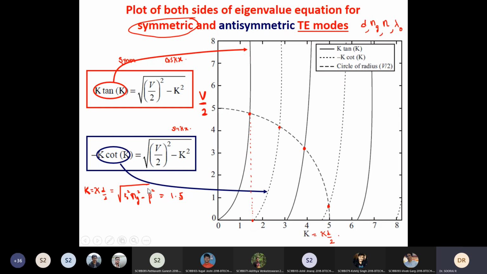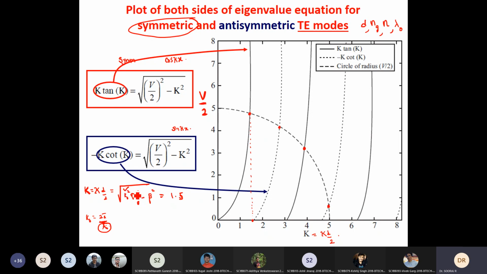Now if you go back to your design, to your waveguide, you know what is k naught. K naught is given by 2 pi by lambda naught. You know what is lambda naught because you are launching the signal, and therefore you know the wavelength of the light that is passing through it. Since you have designed the waveguide, you also know the core refractive index ng.